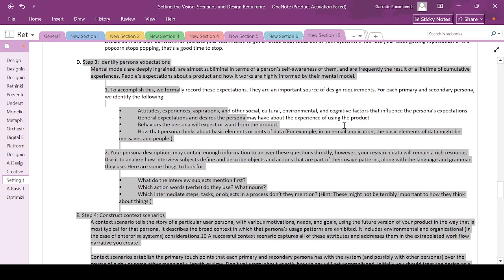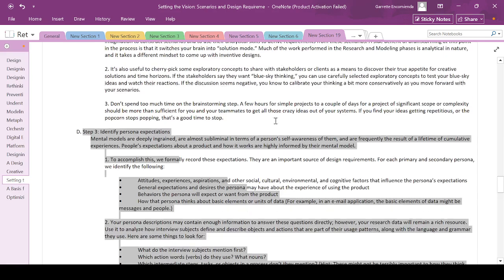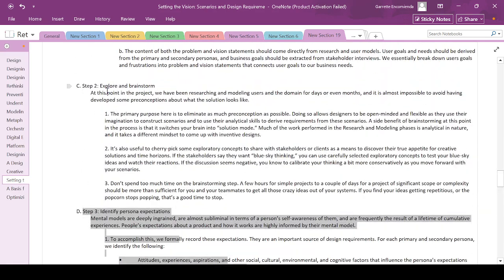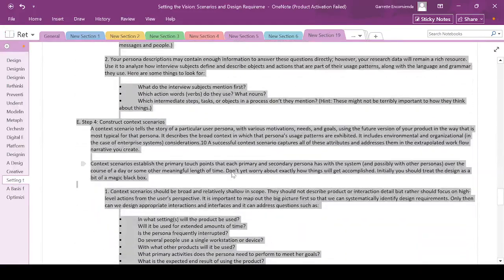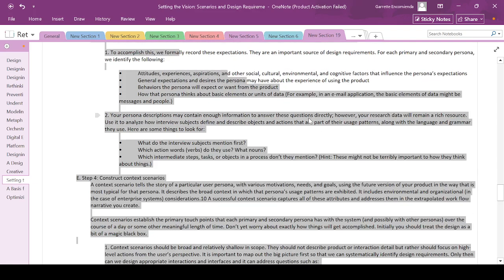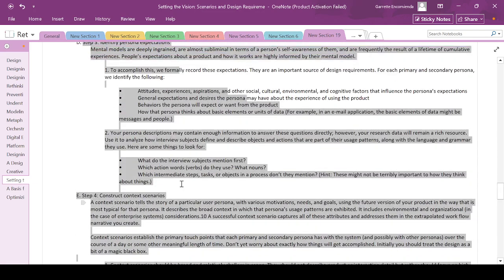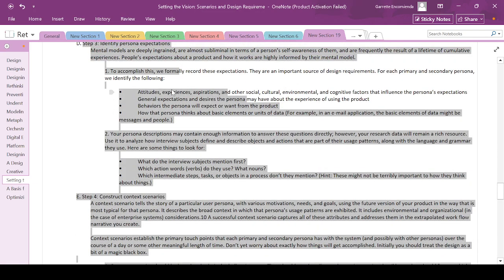So again, it stems from primary and secondary, this persona expectations and the brainstorm, as well as the problem vision statement. So you saw how it is connected to these two people, the primary and secondary. Attitudes, experiences, aspirations, and other social, cultural, environmental, and cognitive factors that influence the persona's expectations.